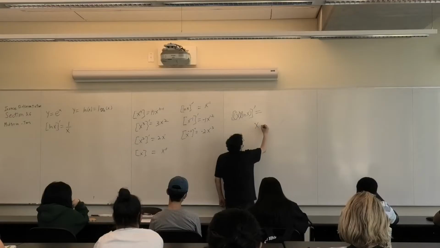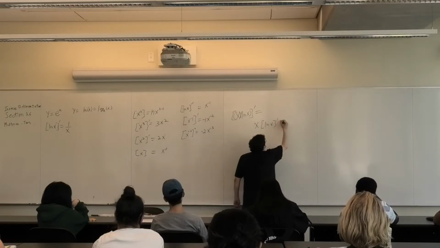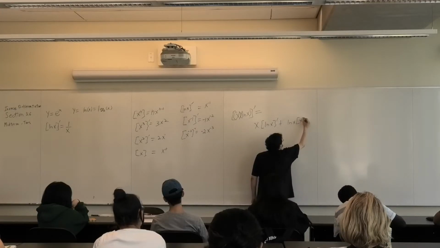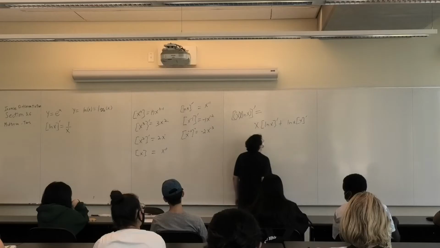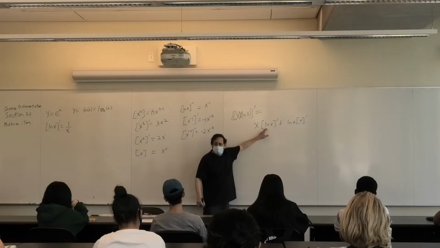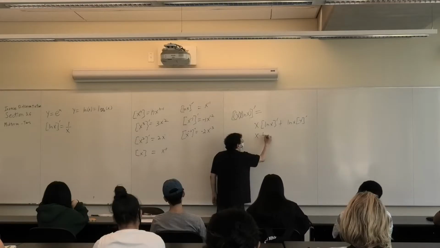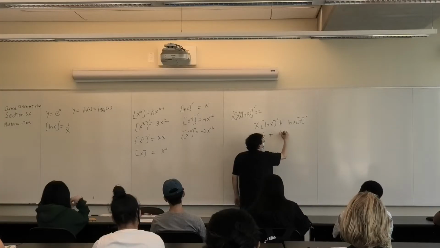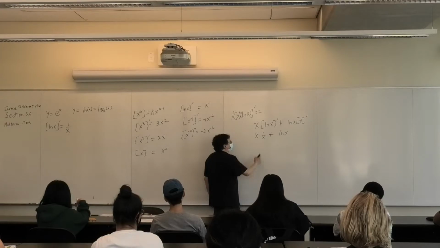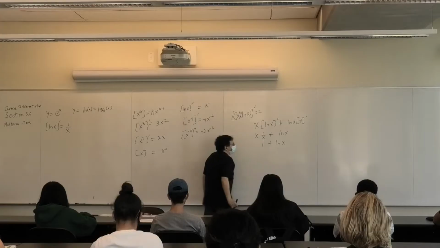So it'll be x times the derivative of log of x plus log of x times the derivative of x. Okay? Well, now we know what the derivative of log of x is. Oh, it's just 1. And that's 1.